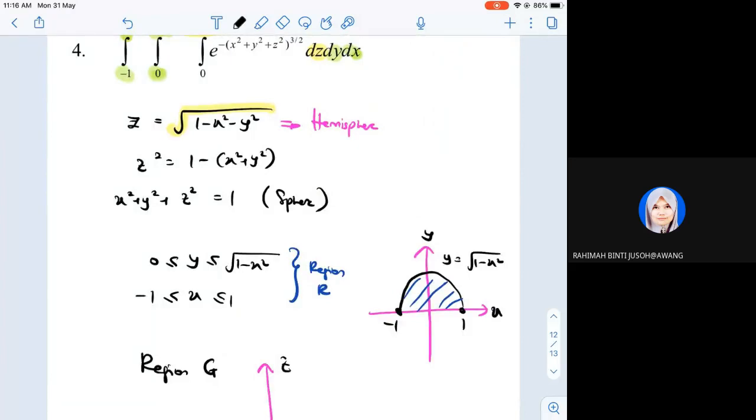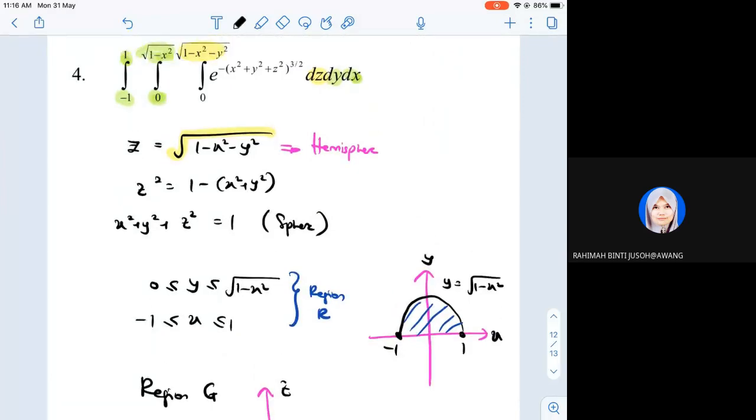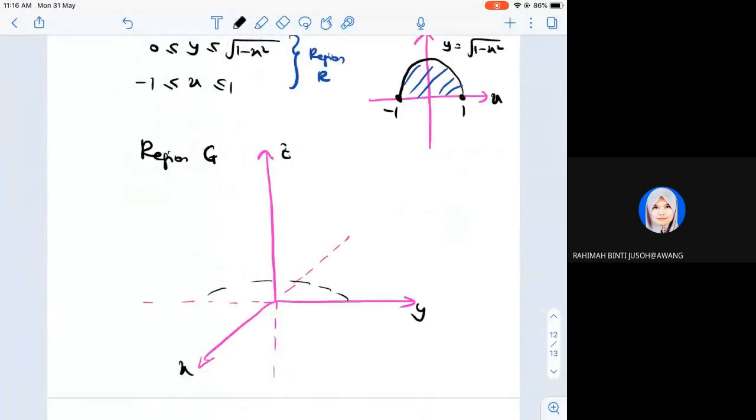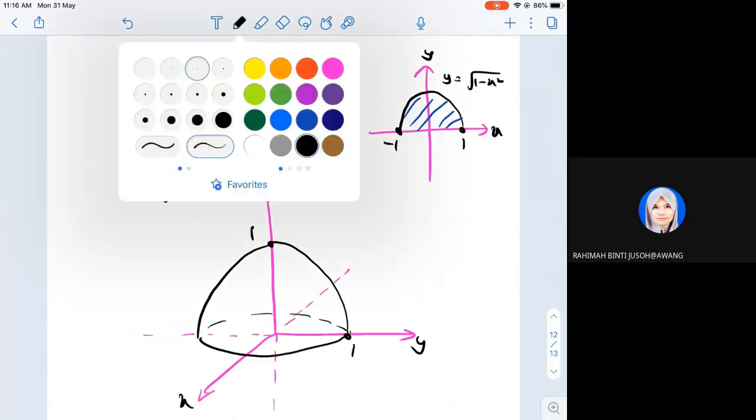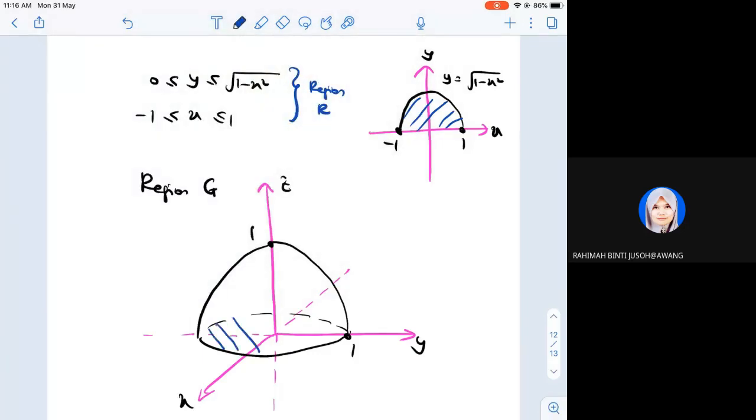Is it a hemisphere? Let's say you sketch hemisphere, radius 1. If you plot a complete hemisphere, then if you see from above, projection you all ni, bayang-bayang dia ni, you will get a complete sphere, right?